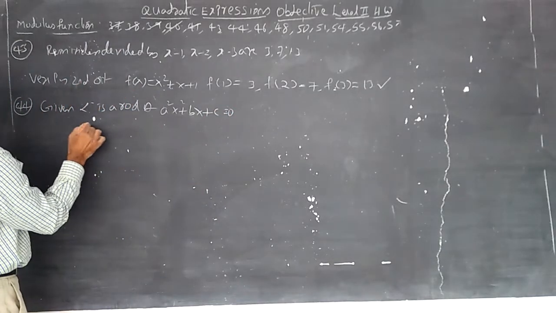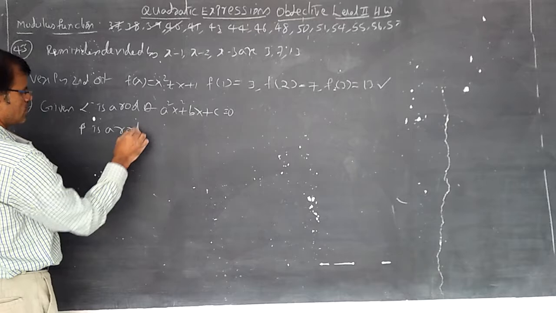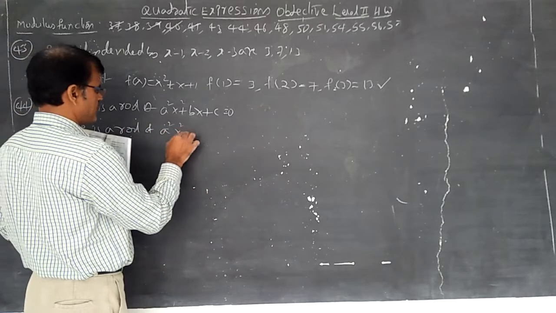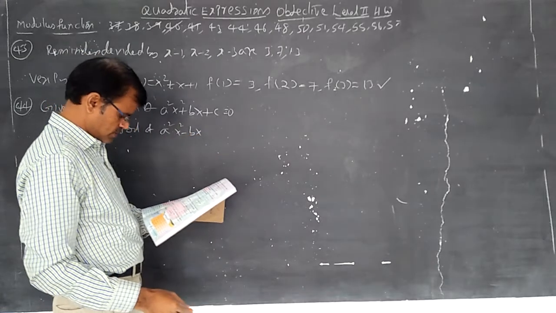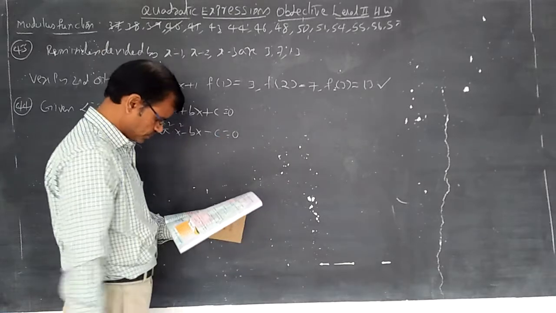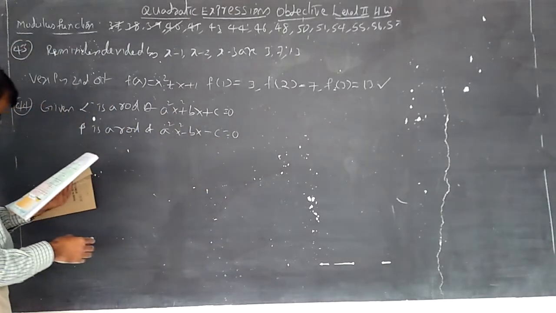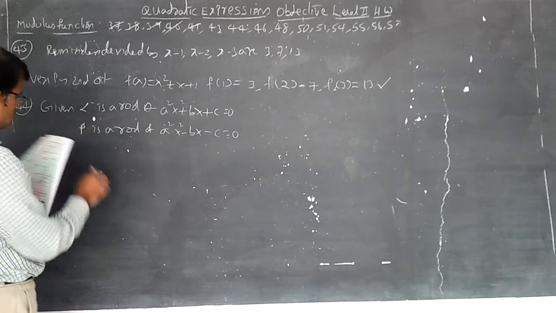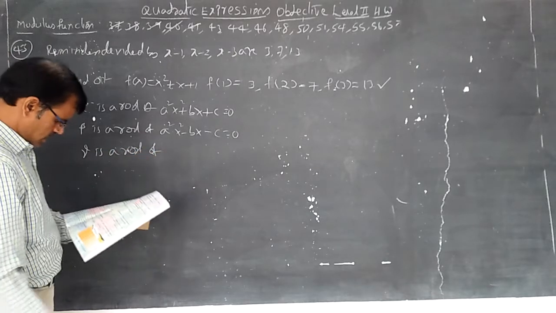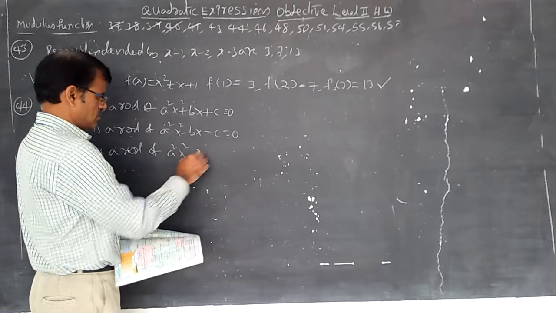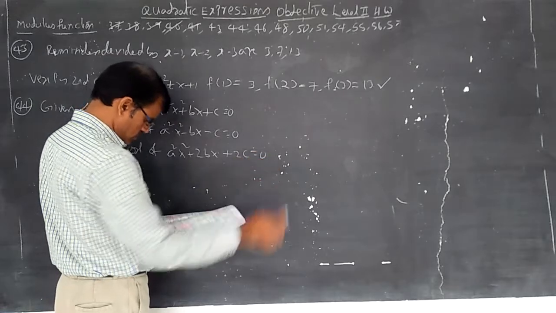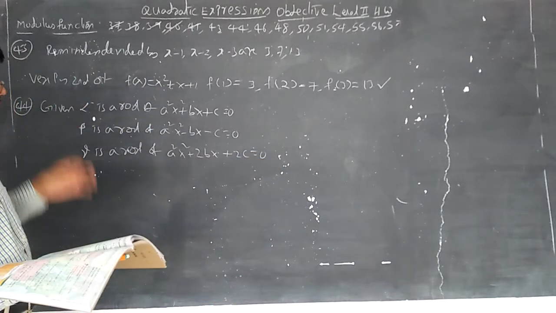And beta is a root of a square x square minus bx minus c equal to 0. And gamma is a root of a square x square plus 2bx plus 2c is equal to 0. 0 less than alpha less than beta, it's okay.